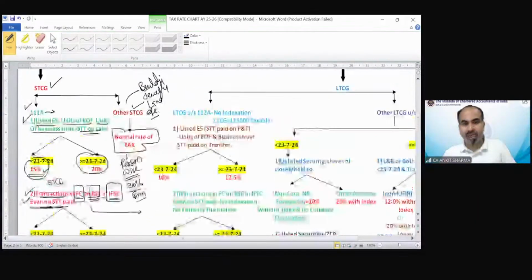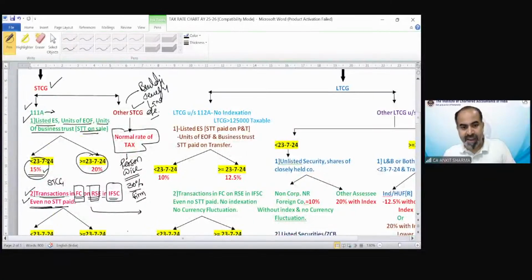Fine. So that was the short-term provision we have discussed. If it is 111A, the rate is 15 and 20. If it is foreign currency transactions in IFSC, the rate would be the same, 15 and 20. If it is any other short-term capital gain except these two, the rate would be the slab rate. So the short-term rate provision has ended. Understand? There are 2 kinds of capital gain, long-term and short-term.